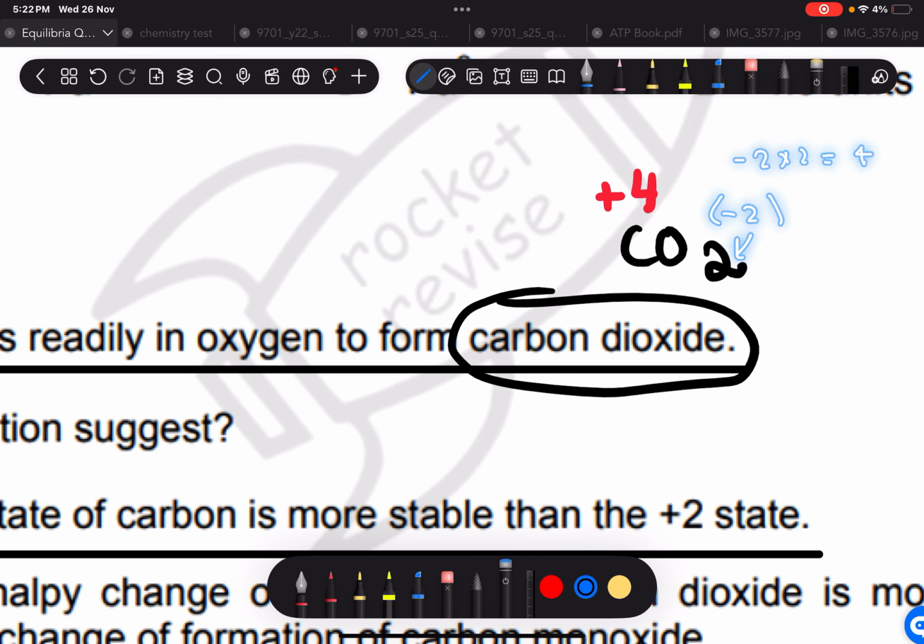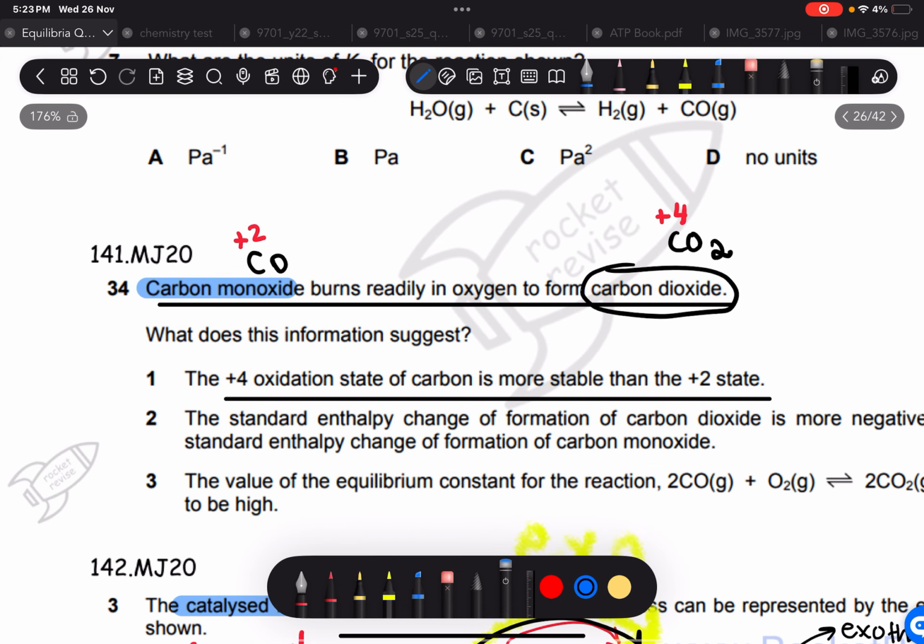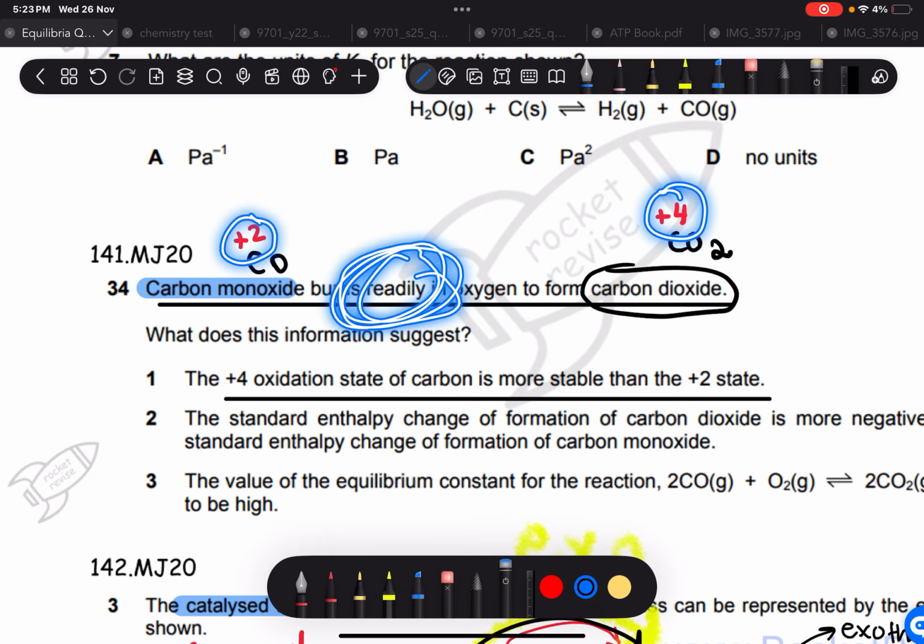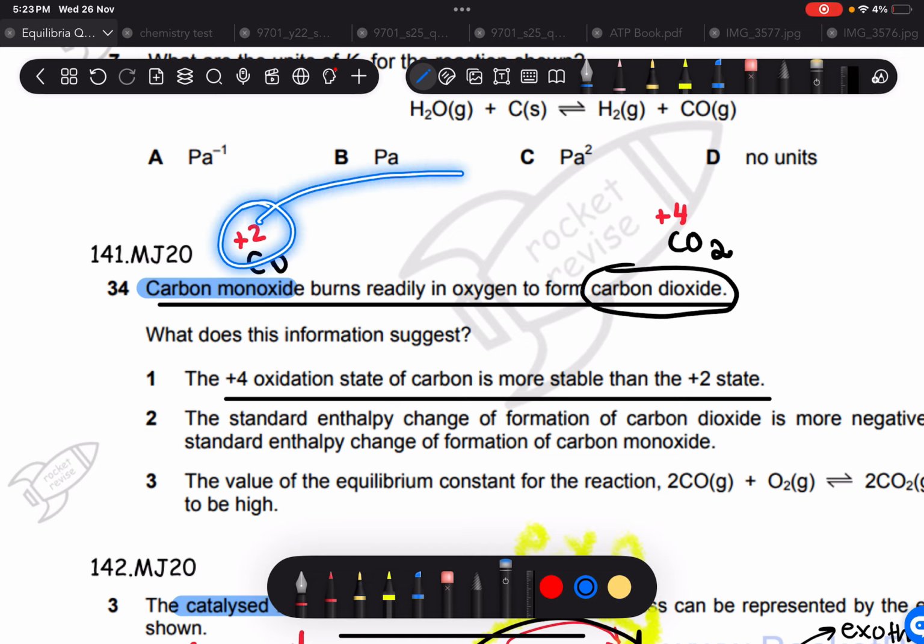To balance out a -4, you need a +4. Okay? So you have +2 in carbon monoxide and +4 in carbon dioxide. And it burns readily. It means it's happening in favor. So if it burns readily, that means it's a favorable thing that's happening, that it's going from +2 to +4.